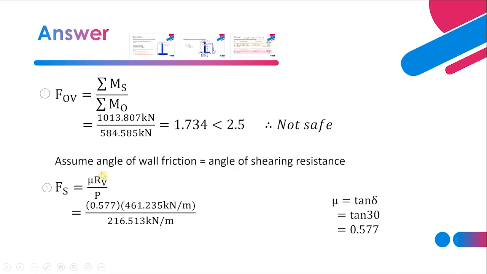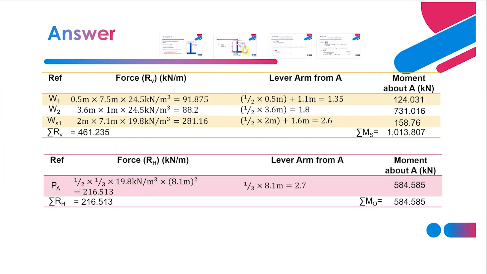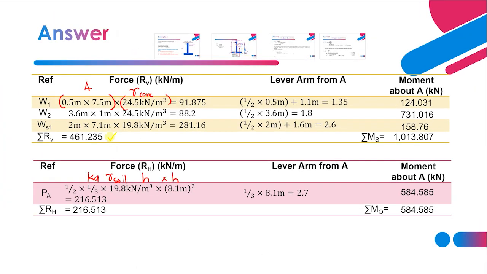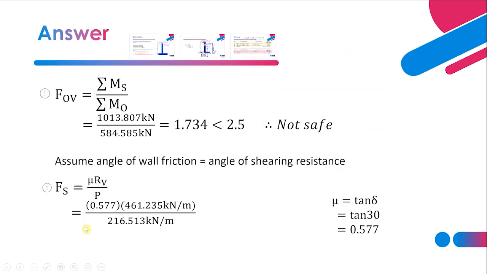Put in 0.577. RV is the total vertical forces, 461.235, as you see in the formula, this one. And then divide with P. P is the total horizontal forces, which is 216.513. This is it.